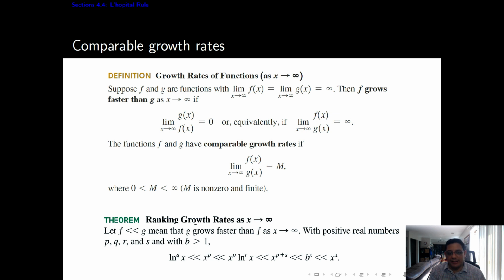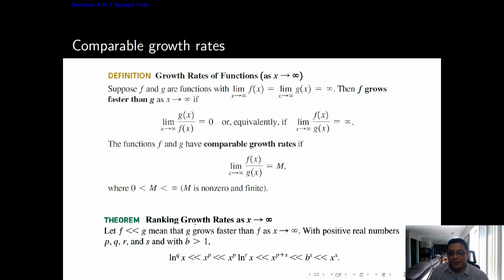Okay? In general, the ranking of growth rates as x goes to infinity is something you can see by comparing the order of magnitude of the functions. For example, the logarithms are the bottom of the barrel, and after that you have the powers. The powers times a logarithm grow faster than the single power, but of course you can make that be outgrown by another power with a bigger exponent.